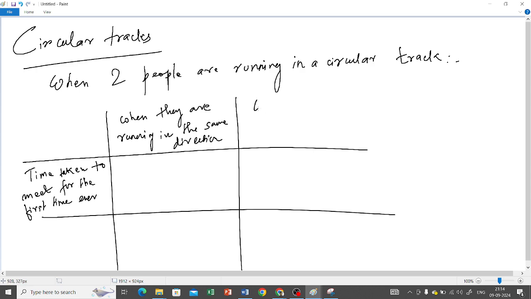And the second condition is when they are running in opposite direction. Right? So when they are running in the same direction, the time taken to meet for the first time is L divided by A minus B.